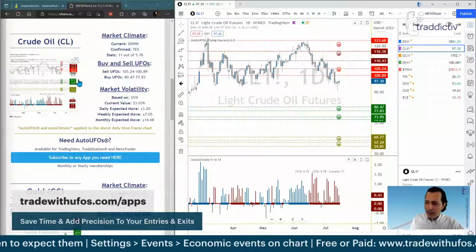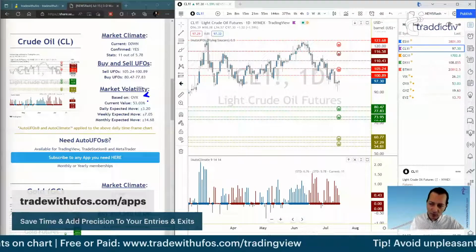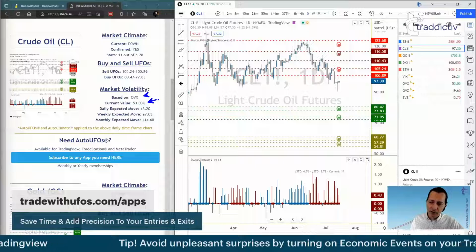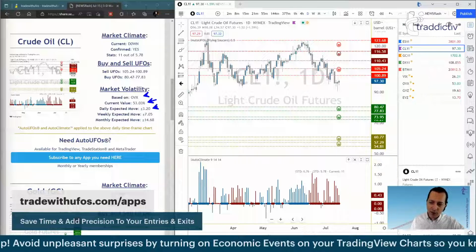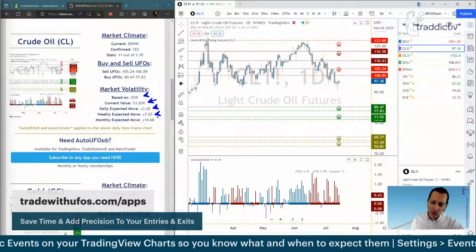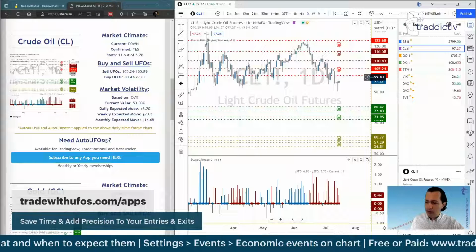This is the market condition as we speak. From a volatility point of view, options on crude oil futures are representing 53% implied volatility, which is 3.2 points a day, either up or down, 7.05 points a week, and 14.68 points a month.